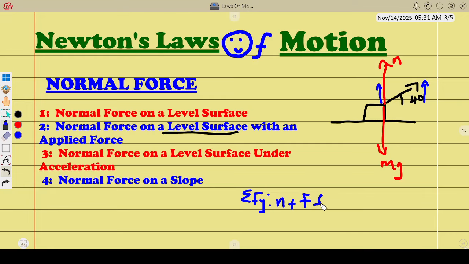In this case we're dealing with forces, so we say F sine theta. If you want to find the x component, you know it is cos. So normal plus the y component, and then what else is in the y-axis? mg. mg was going down, so it's negative, and this will be equal to 0 if there's no movement. If there's movement, you say equal to mass times acceleration. This is similar to what we are doing.